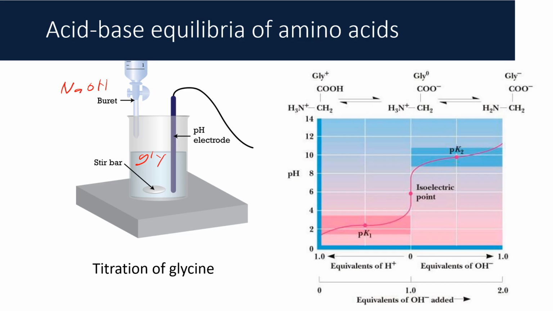And as we do that and progress along the x-axis, we will track how the pH changes in the y-axis using a pH probe, an electrode. And so in this plot, we always begin at low pHs. This is the start.